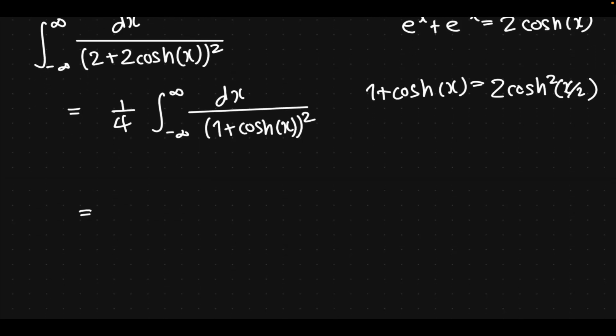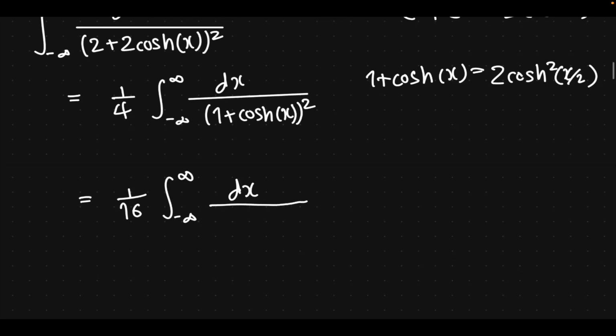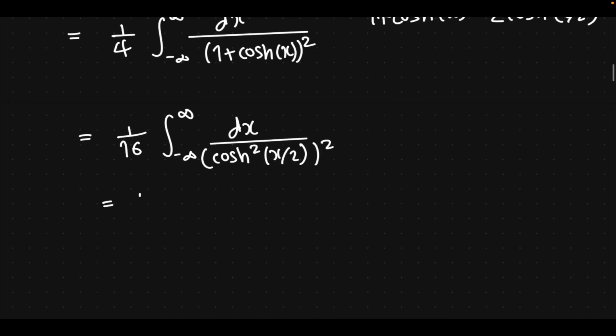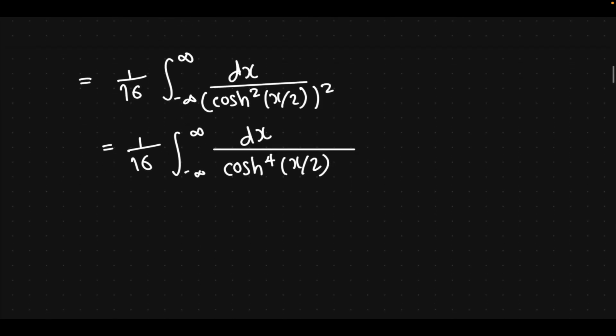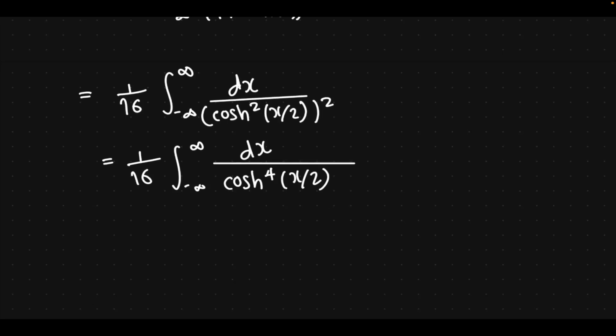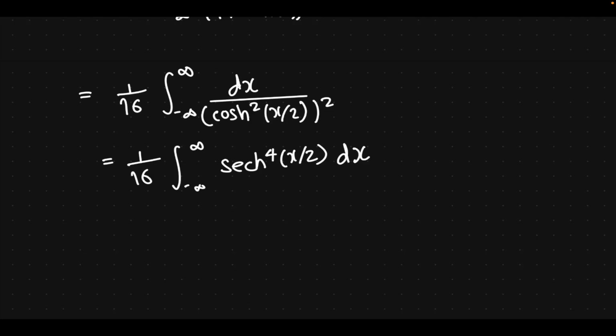This is kind of similar to the regular cosine double angle formula. And the advantage of doing that is we have 1 over 16 now from the overall factor of 2, dx over (cosh squared of x over 2) the whole squared, which is just 1 over 16 dx over cosh to the 4th of x over 2, which we can actually rewrite as sech to the 4th power of x over 2 dx.